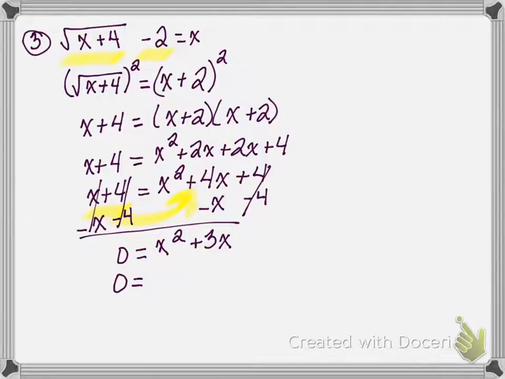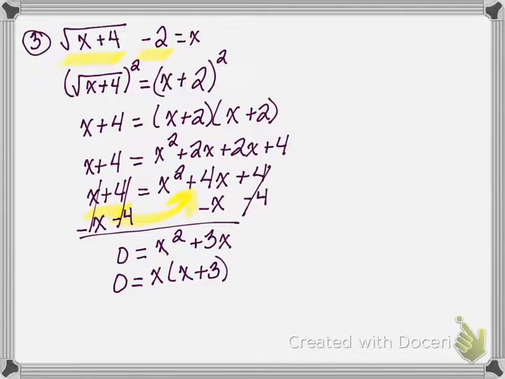X squared plus 3x is the correct expression. Okay, 0 equals x squared plus 3x is the correct expression. I am going to factor out an x in both of those terms. So x times x plus 3 is what that factors to.